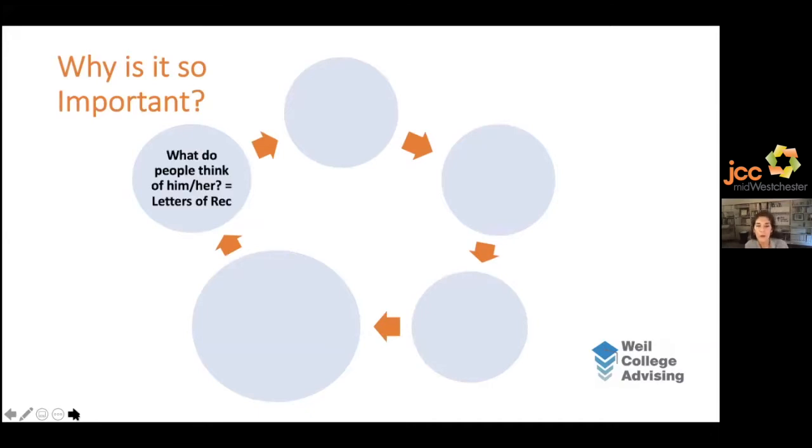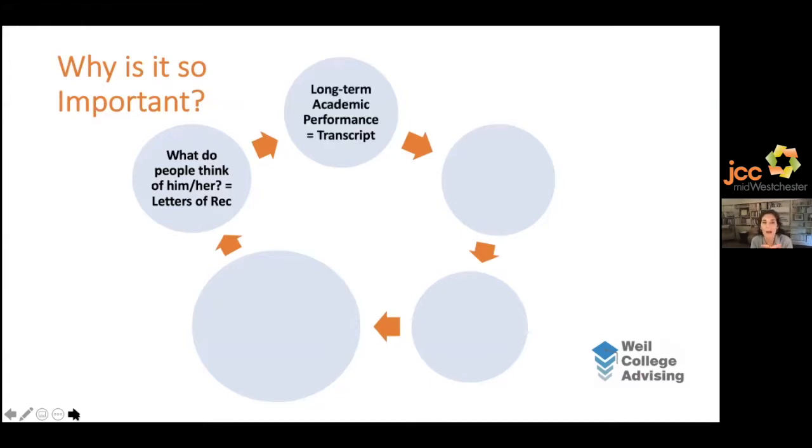The first part is, what do people think about the student? That information is conveyed through the letters of recommendation. These are people who are familiar with the student, working with the student every day, and they talk about what they think about the student.